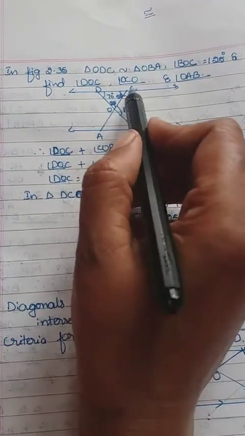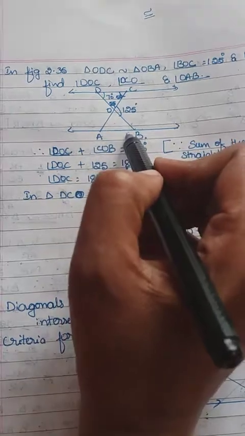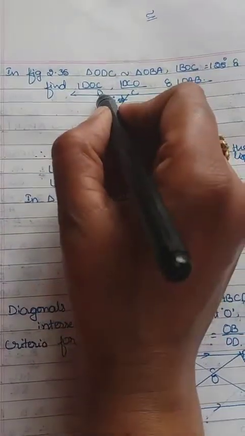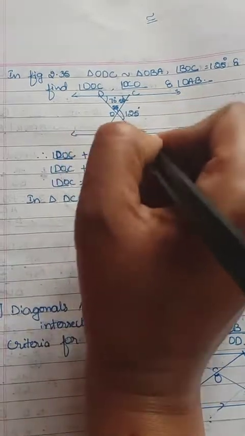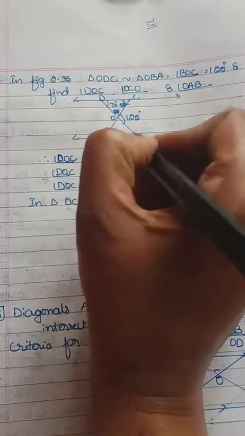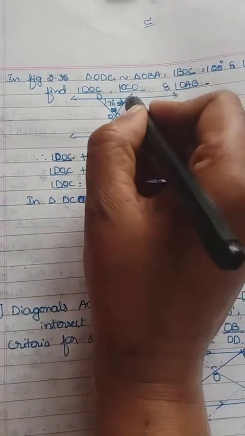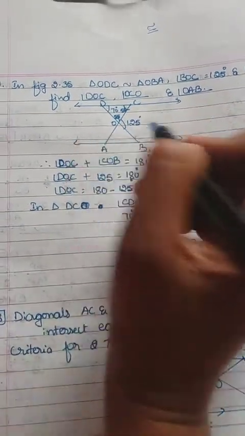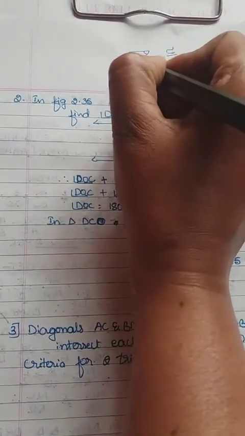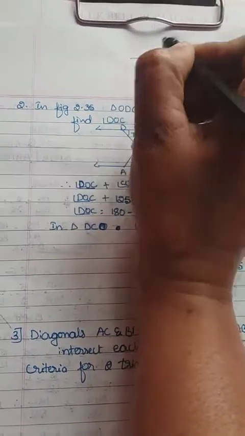Angle DCO is equal to angle OAB, because both are corresponding angles or alternating angles. What is meant by corresponding angle or alternating angle? The angles which are in a Z shape are called alternating angles. If the angles are in a Z shape, both are equal.